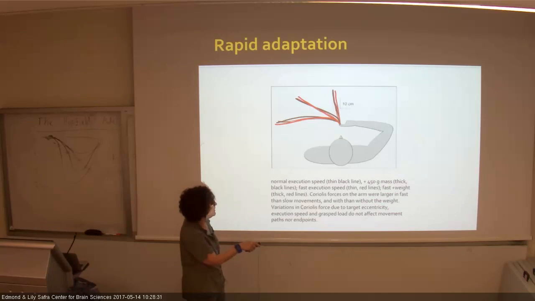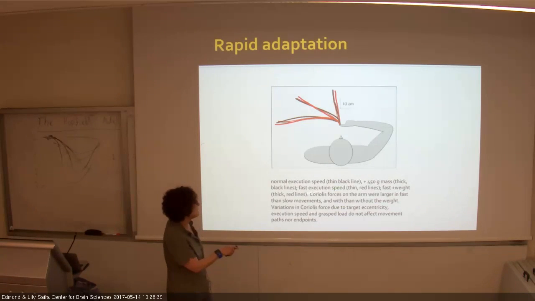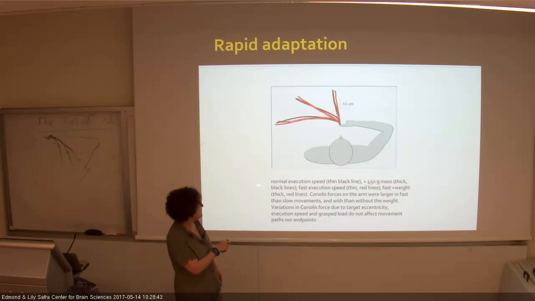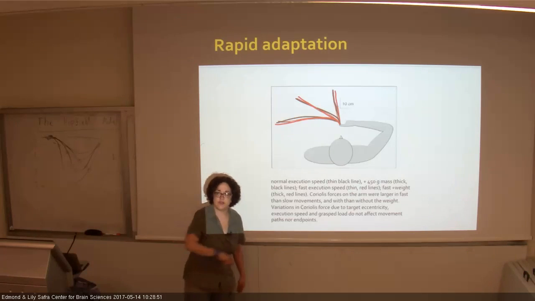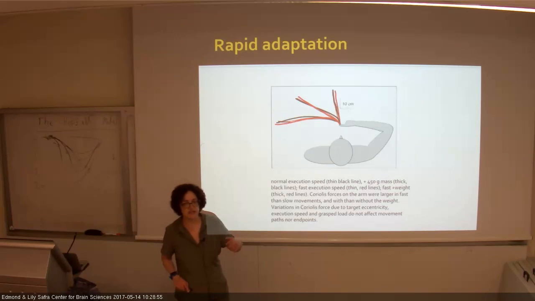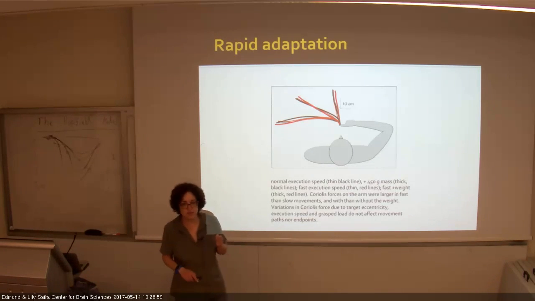Here, you have half a kilo mass attached to your arm, and Coriolis forces on the arm, in red, plus the weight. So you are in a moving room. It doesn't matter how fast the room is moving. It doesn't matter if you have a weight attached to your hand. You're making the same movement.